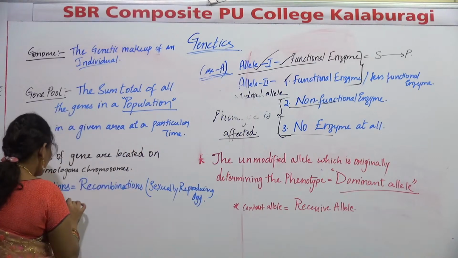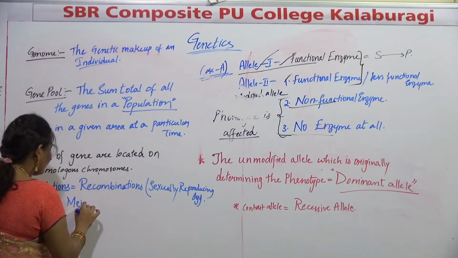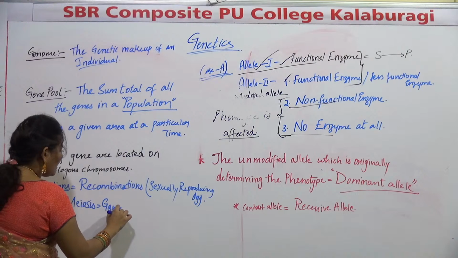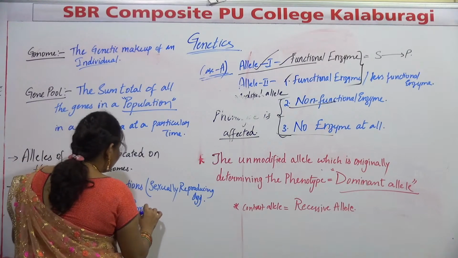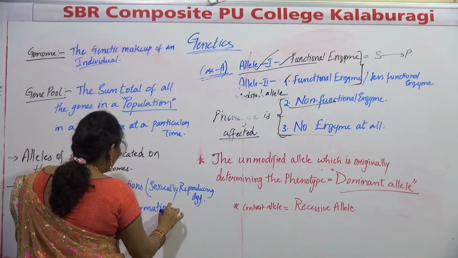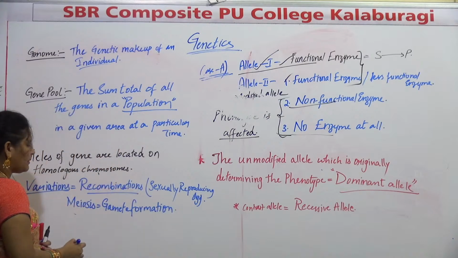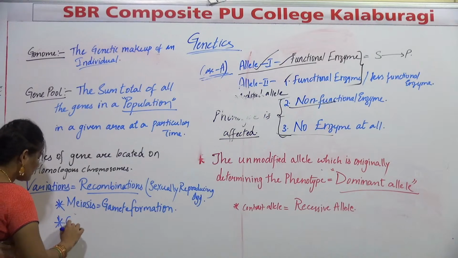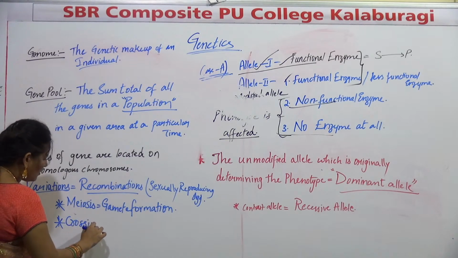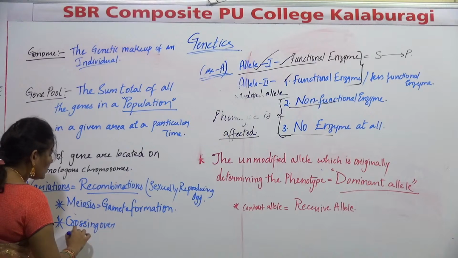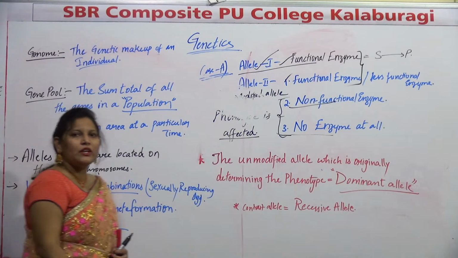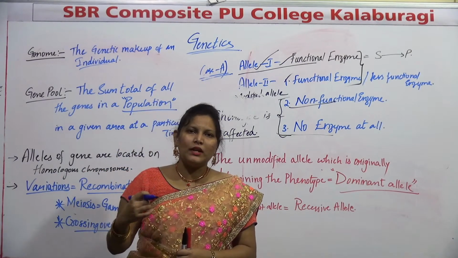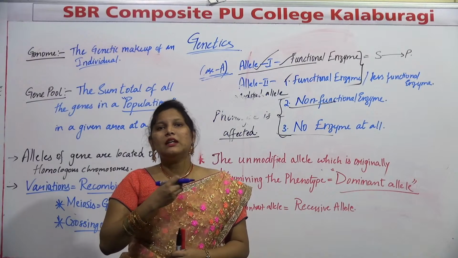It takes place during meiosis, which is helpful in gamete formation. And this recombination takes place because of crossing over. And this crossing over will occur in which phase of meiosis? It will occur in meiosis 1. In meiosis 1, prophase 1 is the lengthiest phase.